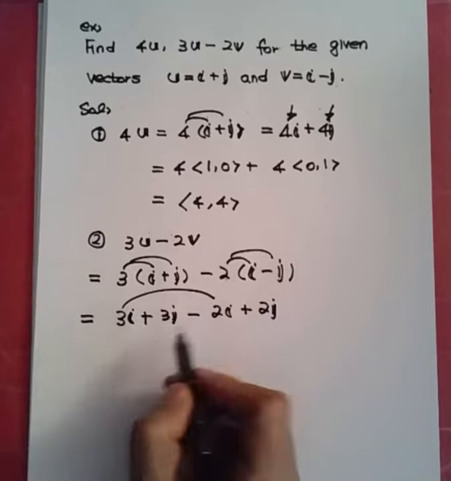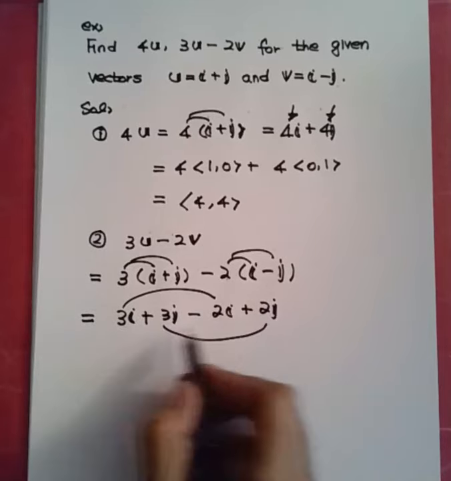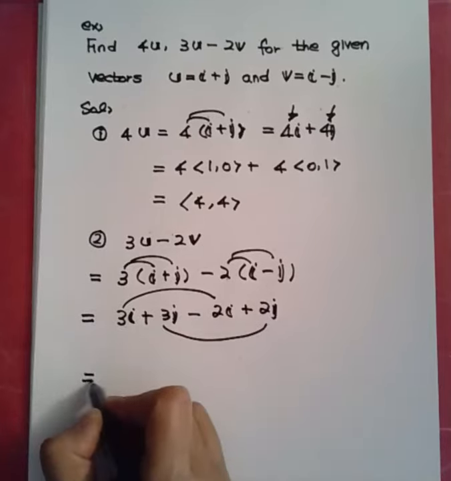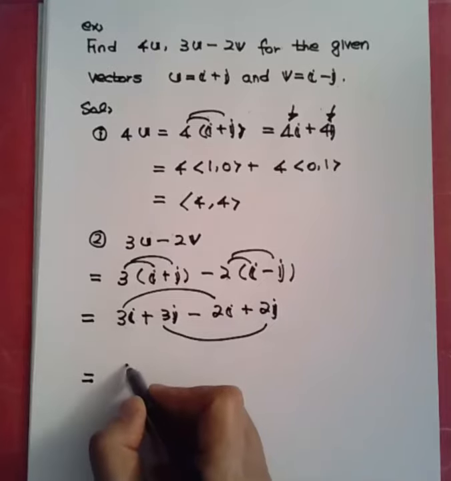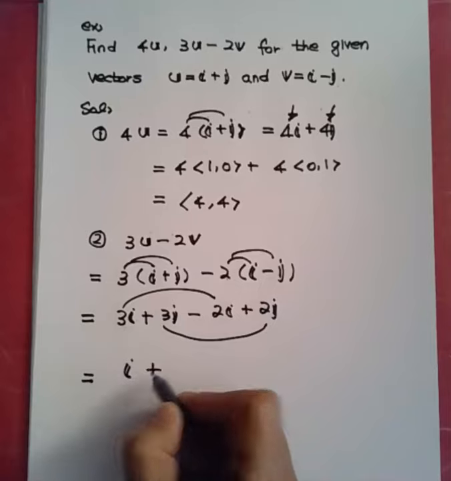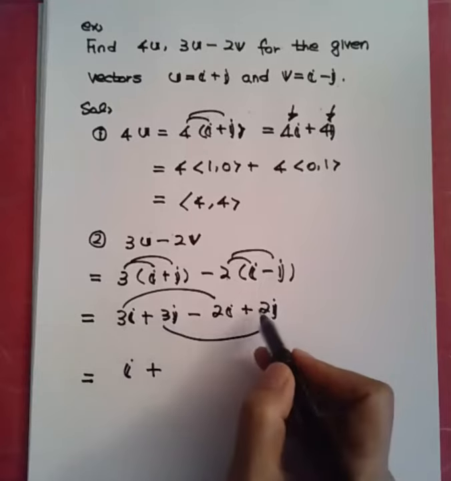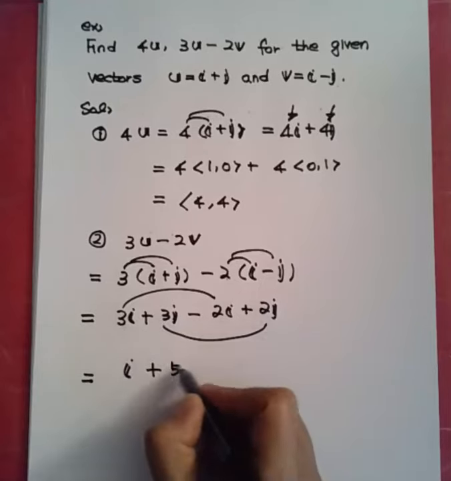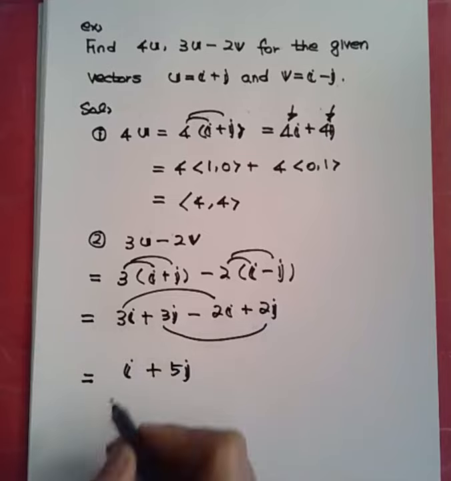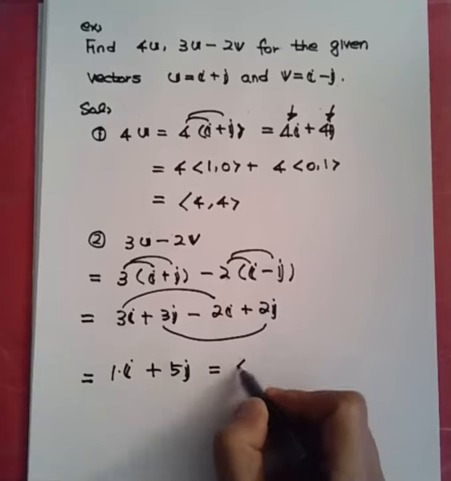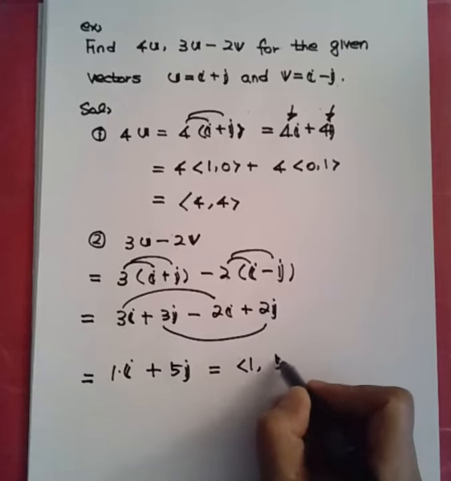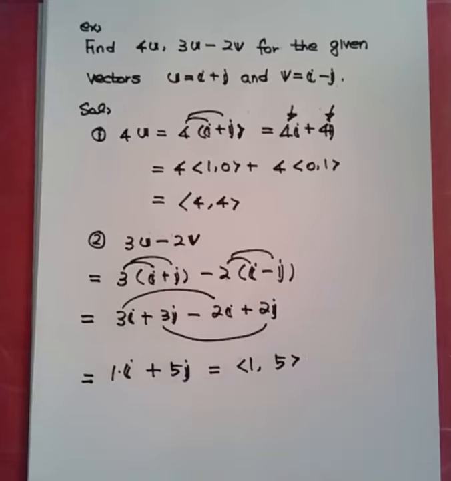So those two will be combined and those two will be combined like terms. 3 minus 2 will make i, and 3 plus 2 will make 5j. This is 1 times i, so the horizontal component is 1 and the vertical component is 5. So this is the final answer.